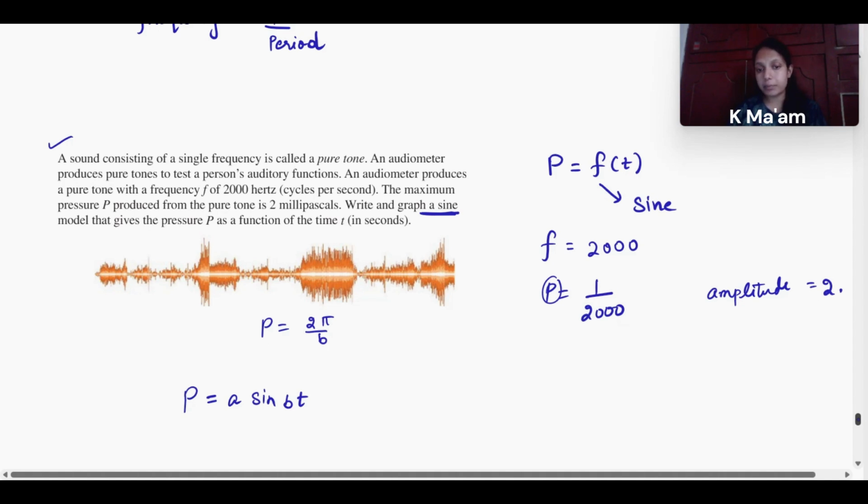Let's find what b is. 1 over 2000 equals 2 pi over b, so b equals 4000 pi. So your function will be pressure P equals 2 sine 4000 pi t. This is the function.